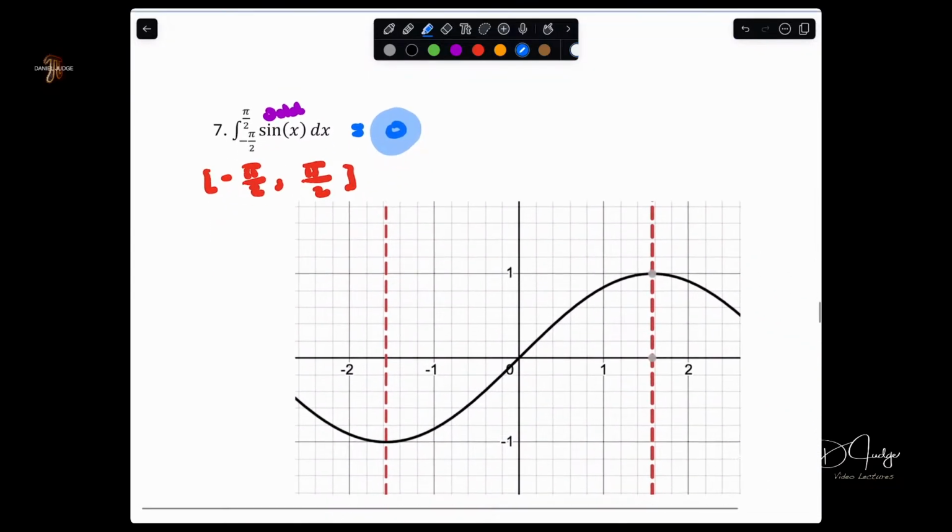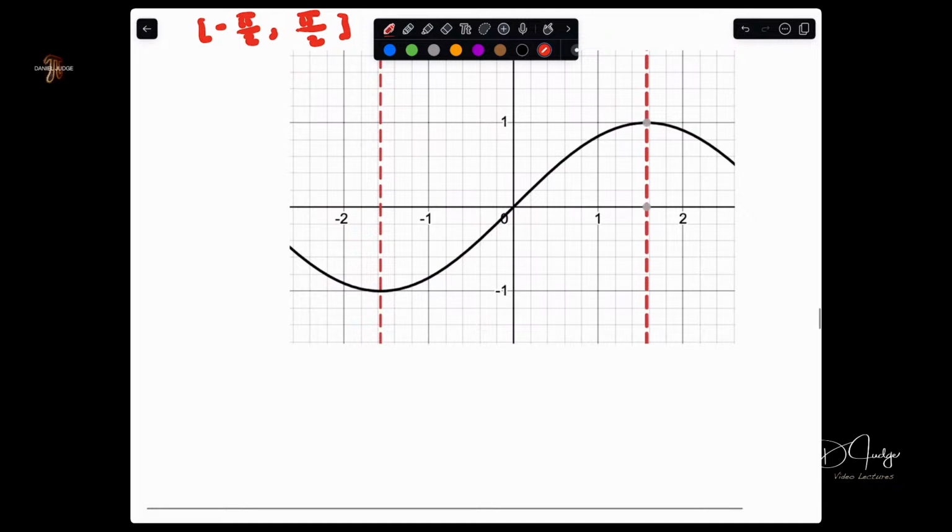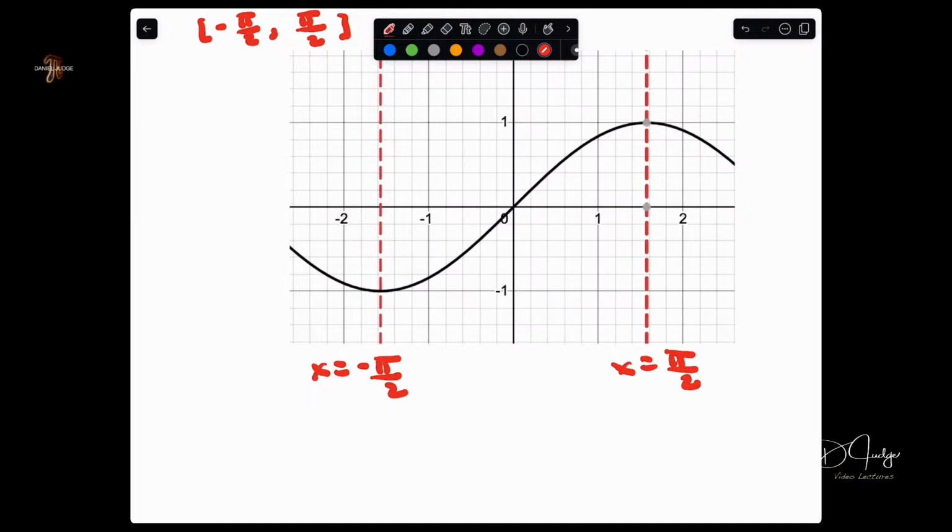Now, when we look at the picture here, this is where x is negative pi over 2, this vertical line. X is positive pi over 2, that vertical line. And in blue here, we have the area above the x-axis.